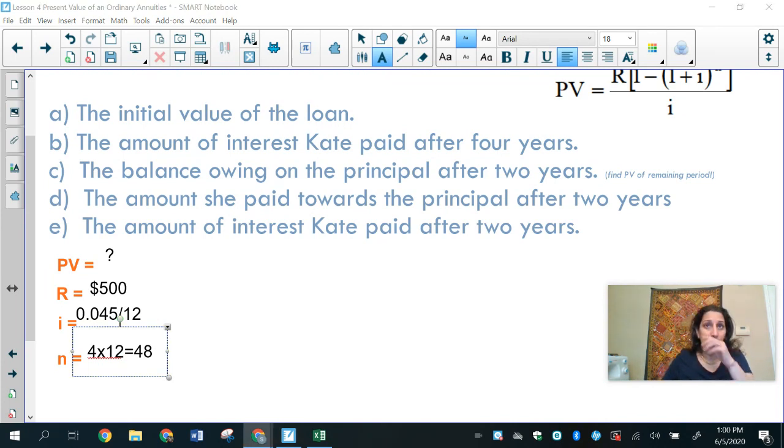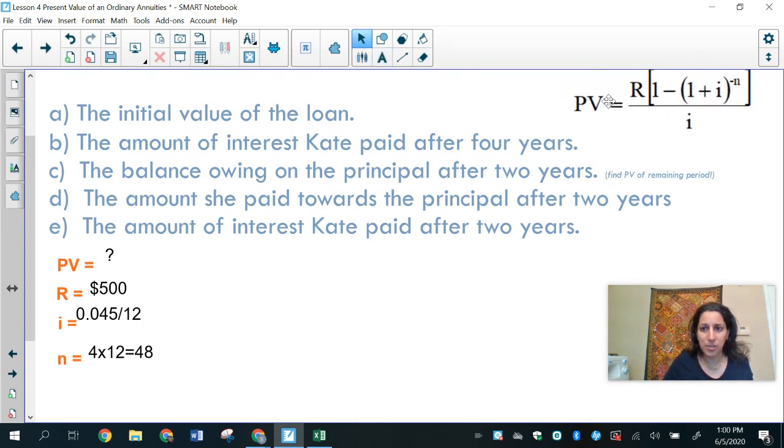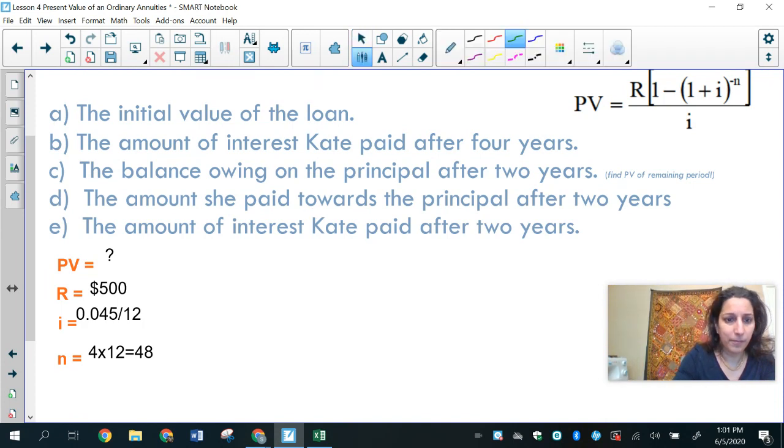So at this point, I'm just going to take the formula that I have. Can't find it right now. There it is. Okay, so take this formula and I'm just going to plug the numbers in. So PV is going to be equal to, and you're going to again put 500 in.